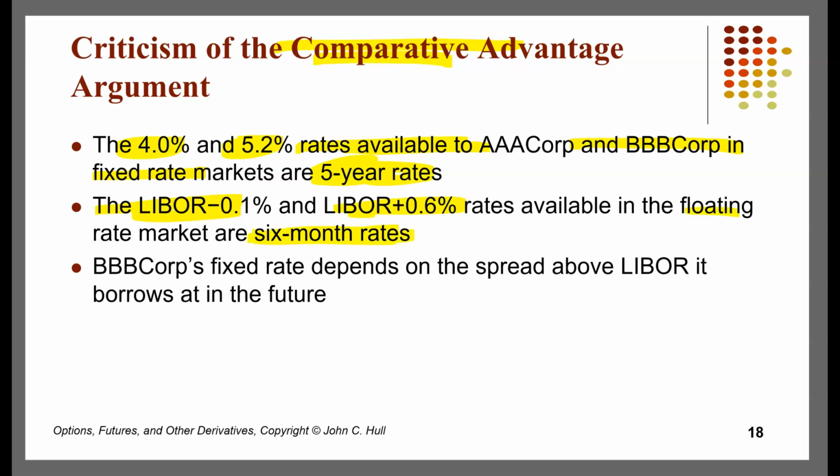Those are the 6 month rates. And so those series of 6-month rates may vary quite a bit, and in the event that they vary significantly, the fixed rate that is the result, that fixed swap rate, is not going to allow for a significant saving by either party of the agreement.